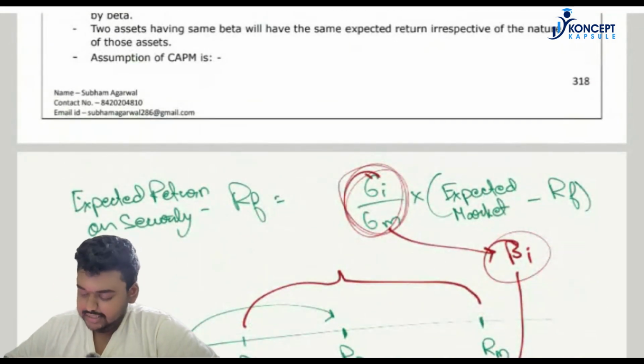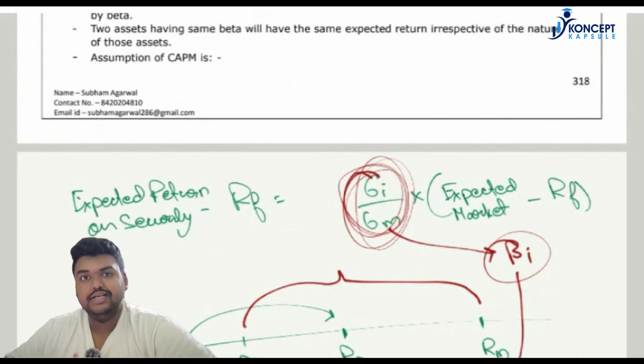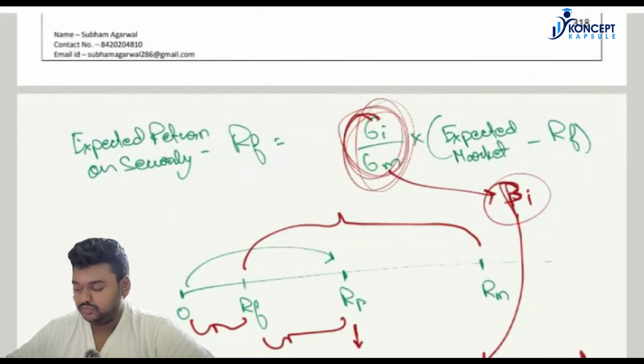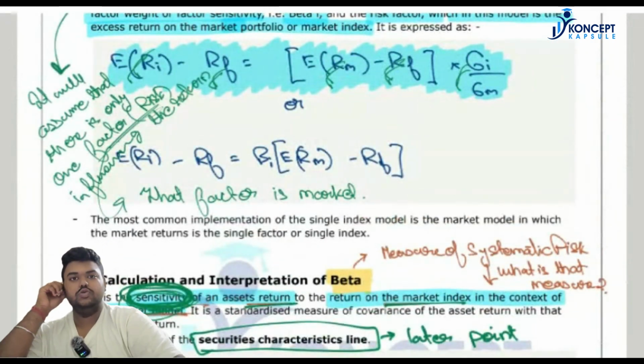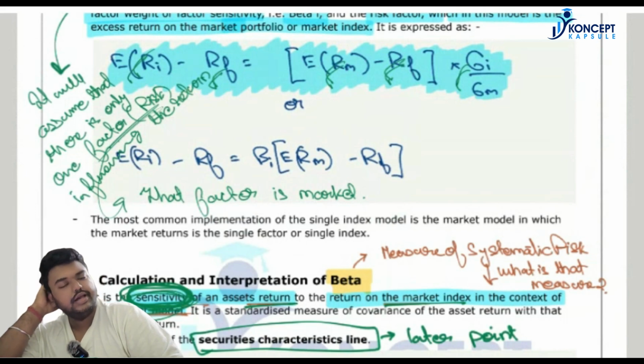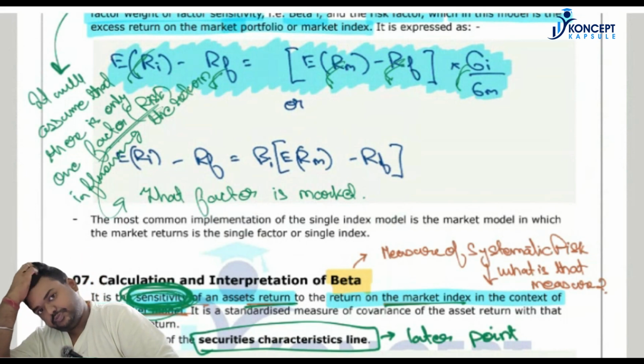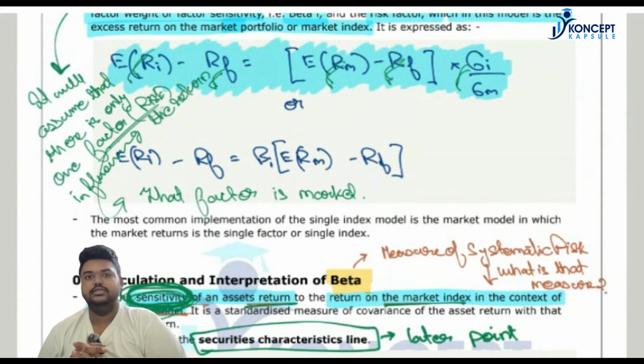So rather than using sigma I by sigma M, the single index model also advocates beta. So either of the formulas can be used over here. Guys, are we clear? Is this making sense?